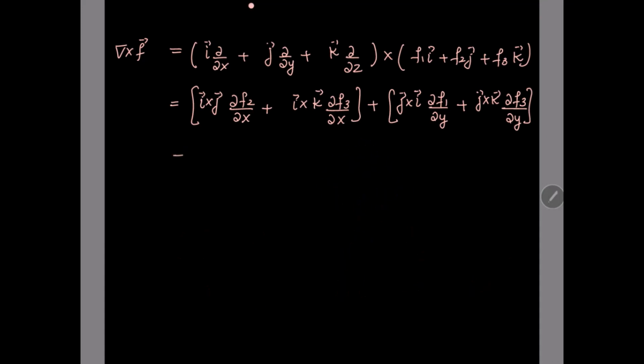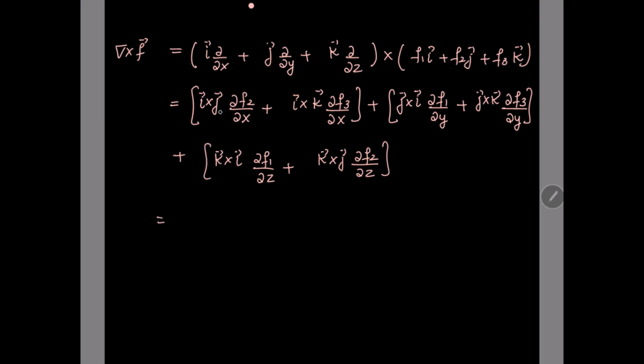So now the last one is, yes, k cross i. This is ∂f1/∂z. Then with k cross j I can take. This is ∂f2/∂z. Then k cross k, alright, it is 0.